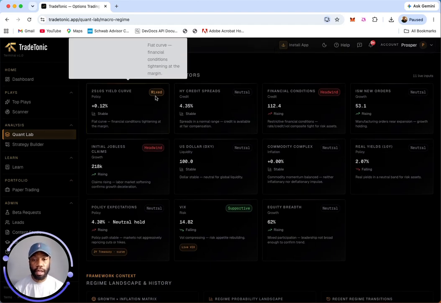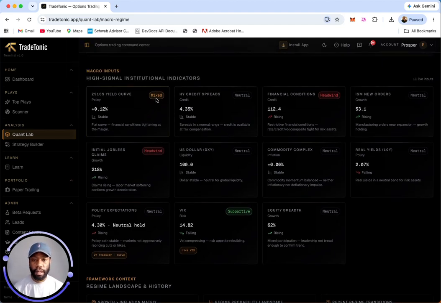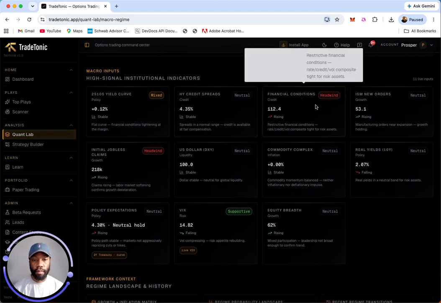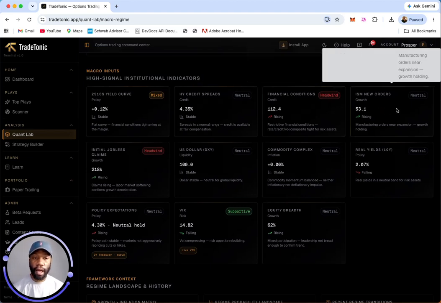Now, if you notice here, within the box, it also gives you a sentiment, okay? So we're seeing rising financial conditions. That could be a headwind. ISM orders that come in, this is about neutral, about average. Usually when we see ISM orders below 50 or above 50, that's when we really start to get an idea of where things are going.